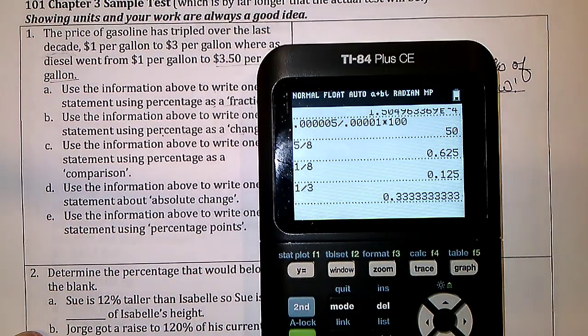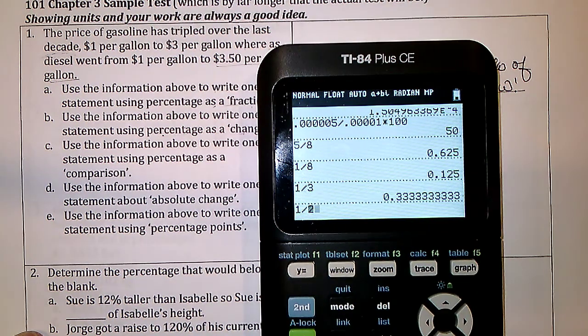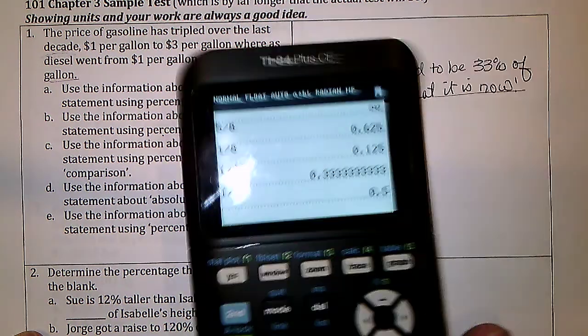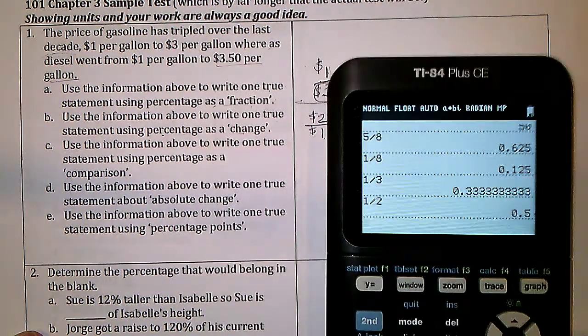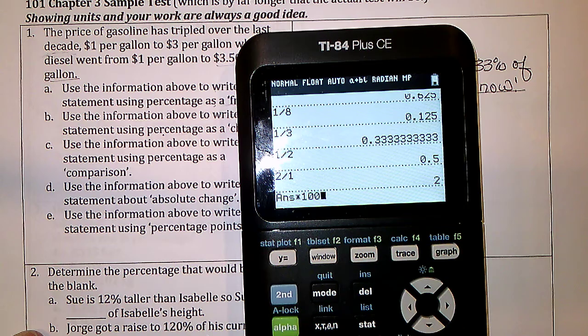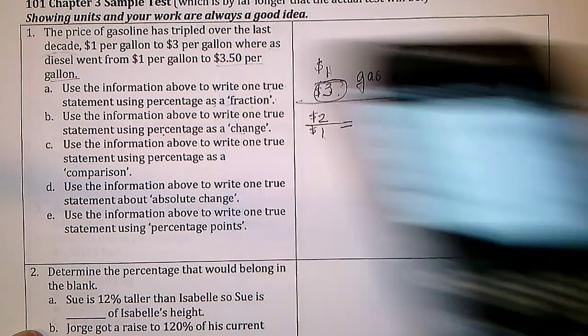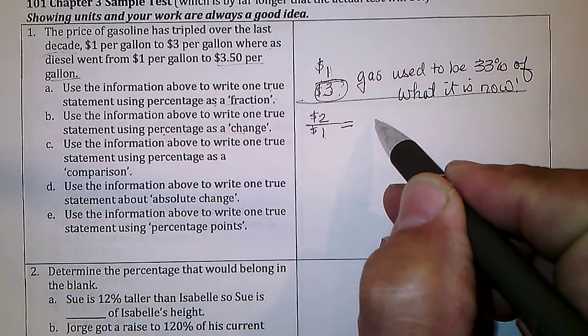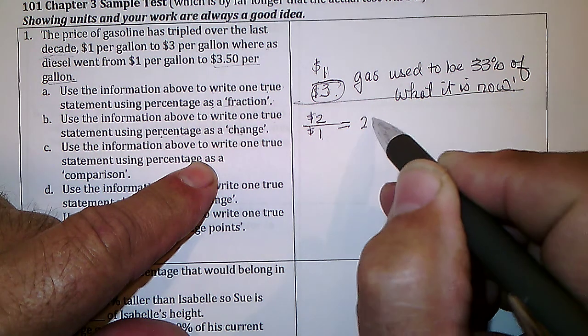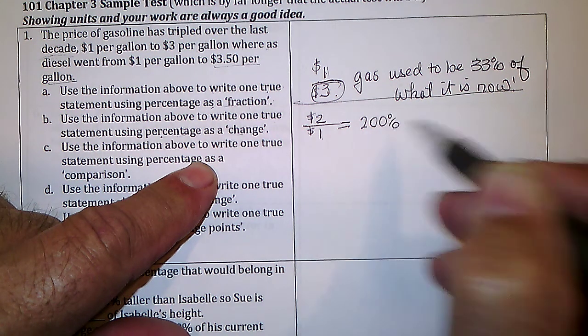And so the change is 2 divided by 1, which is 2 times 100, 200% more.